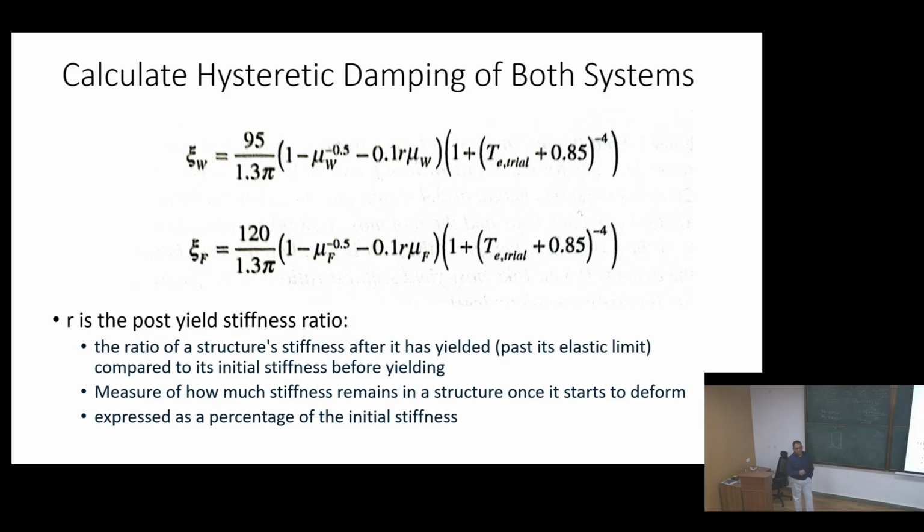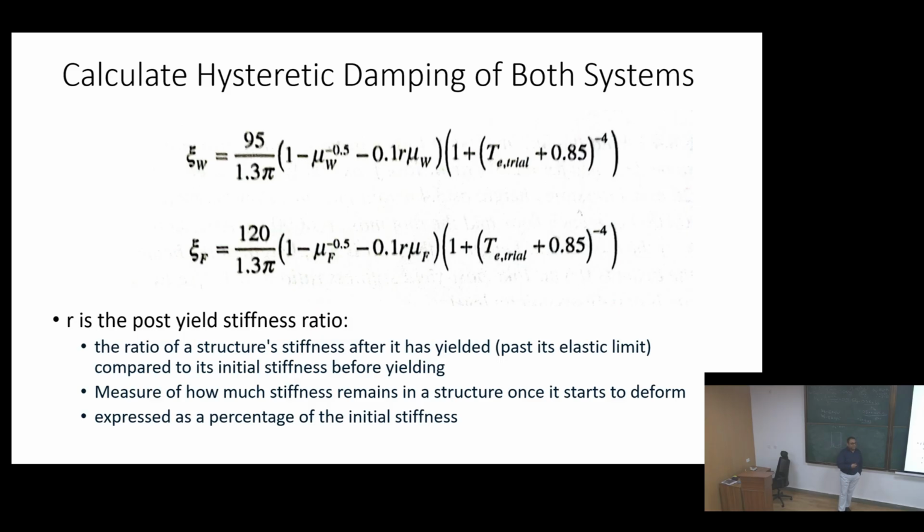So again, it's a measure of how much residual stiffness there is in the structure once it starts to deform or once plasticity sets in. And it's expressed as a percentage of initial stiffness. So as MTech students who have already gone through engineering or are in the final year of engineering, what do you think this ratio should be in the vicinity of?